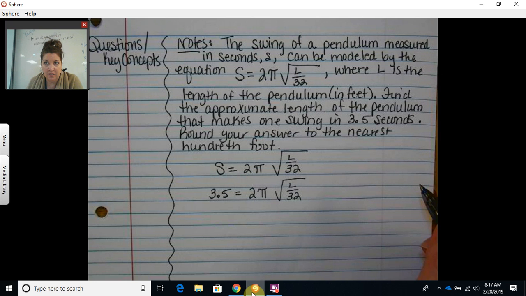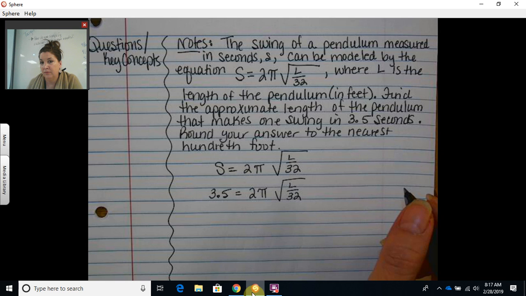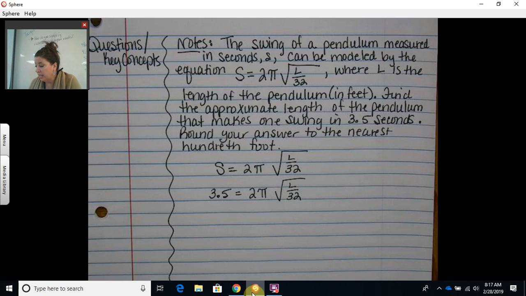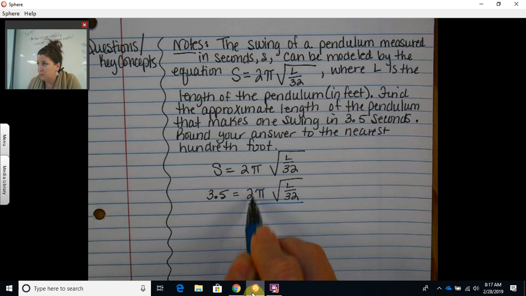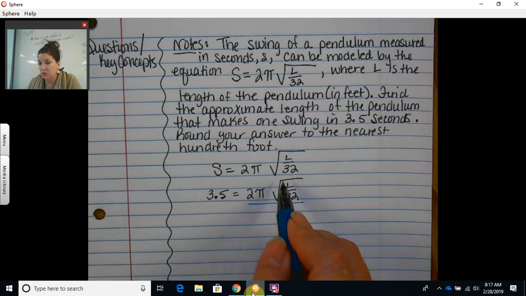So we kind of would start the same way as if we were isolating for the L. So if we want to solve for L, can we go ahead and square both sides? No, you have to isolate the radical. Right, so not yet. Don't square them until the radical's isolated. So divide by 2 pi. Currently 2 is being multiplied by pi, which is being multiplied by the radical. So this is one big term.